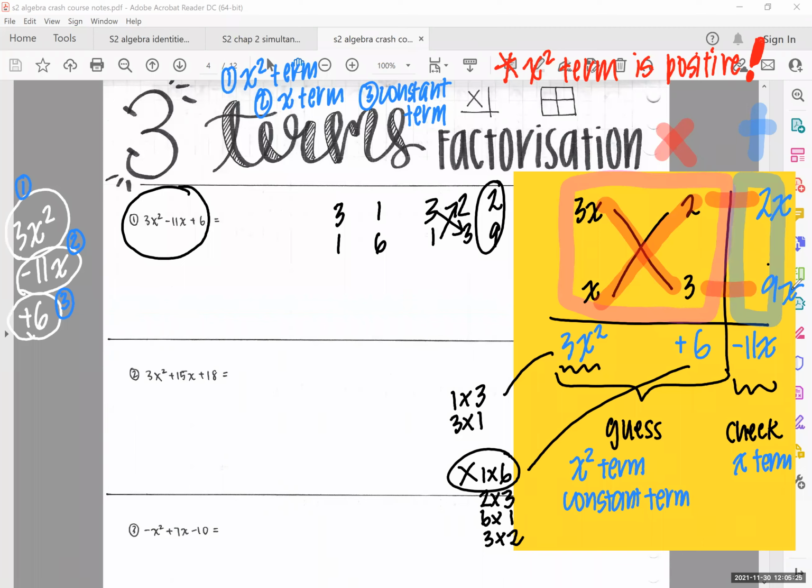Now, guys, look here. Now the sign is very important. From 2x and 9x, how do I get 11x? What must I put as the sign in front of 2 and in front of 9? Minus 2, minus 9. Yes, minus 2 minus 9. You all see that? So in set 1, you all learned a lot of plus and minus. This is where a lot of plus and minus is going to be involved in set 2.